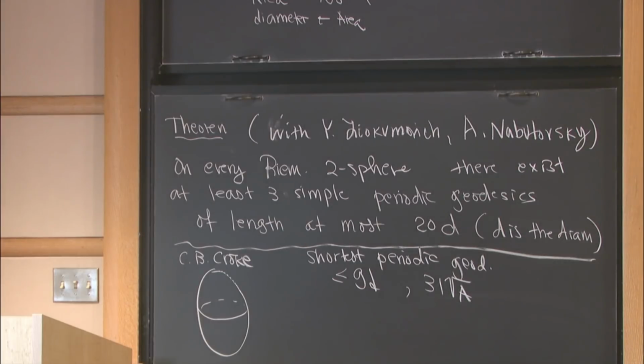Okay, so let me just briefly discuss the proof of this theorem. Well, in order to discuss the proof of this theorem, I really have to begin with the proof of Lusternik and Schnirelmann. So how does one prove the existence of those geodesics?